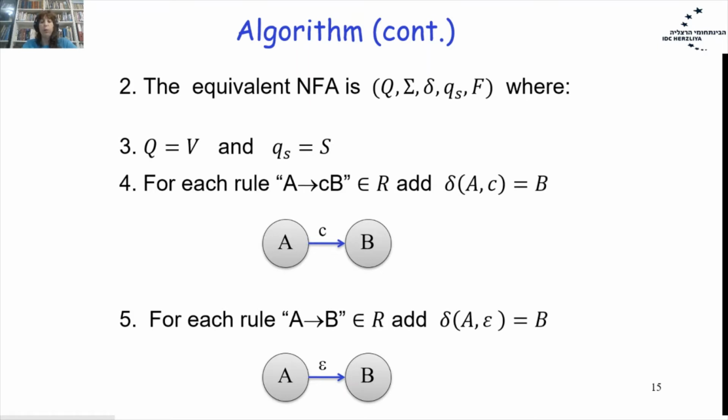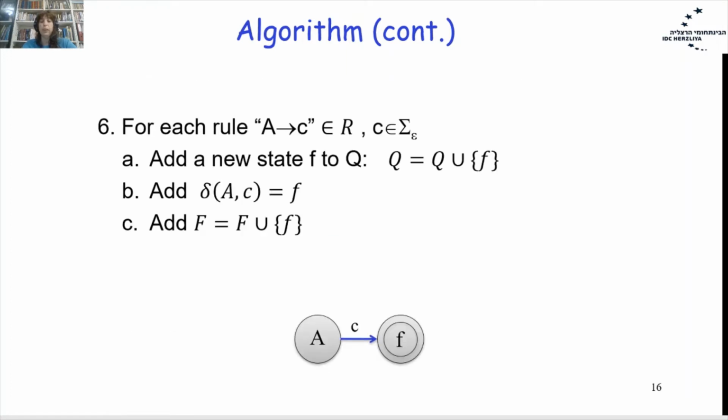Now we have to decide which states are final states. So for each rule A derives C, we will add a new state F to Q. This state will be a final state.